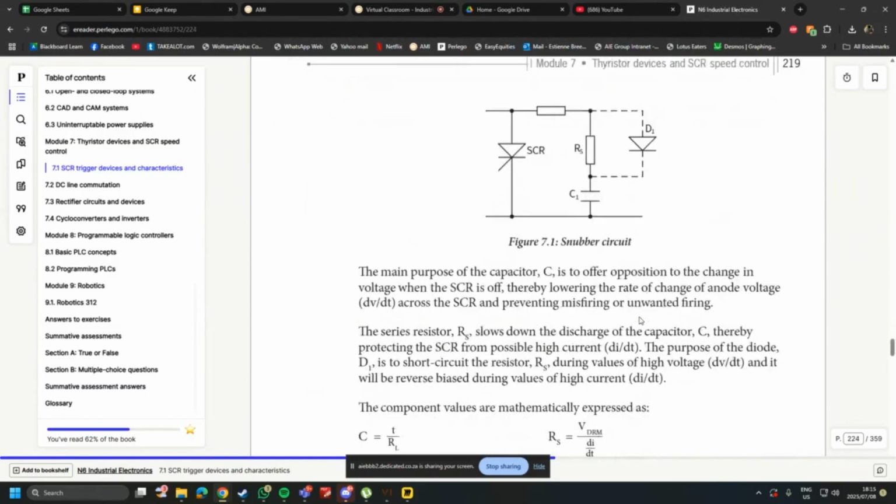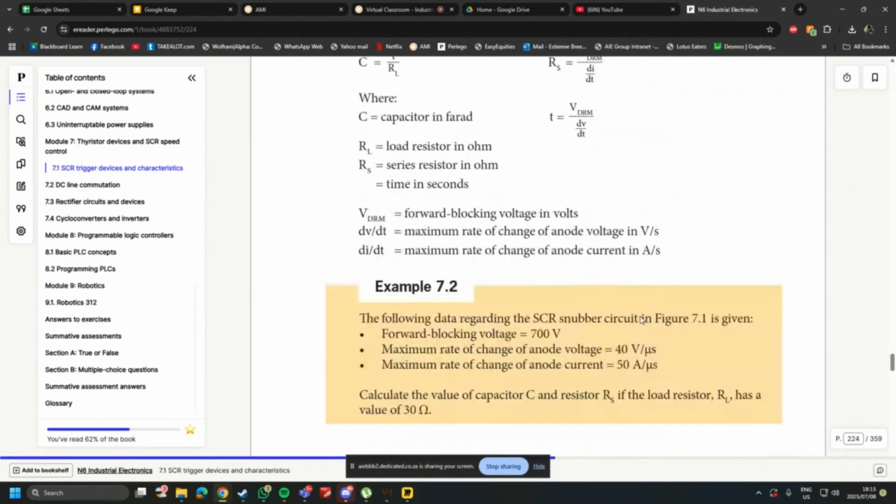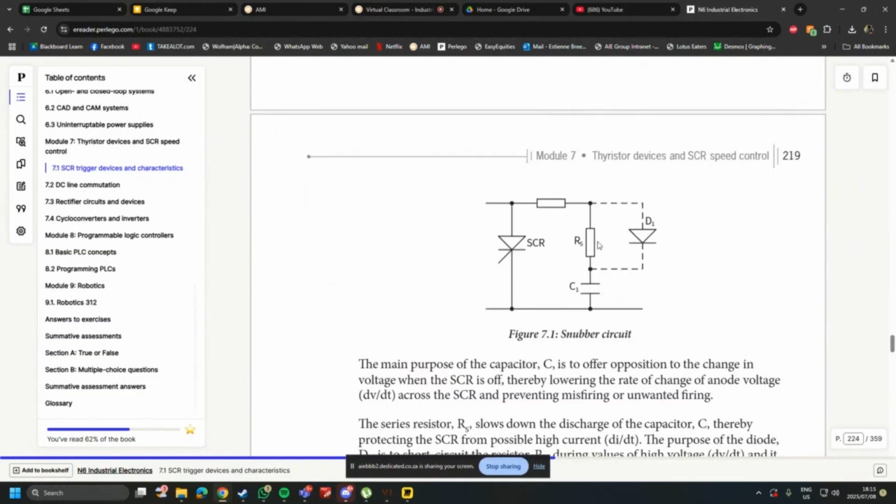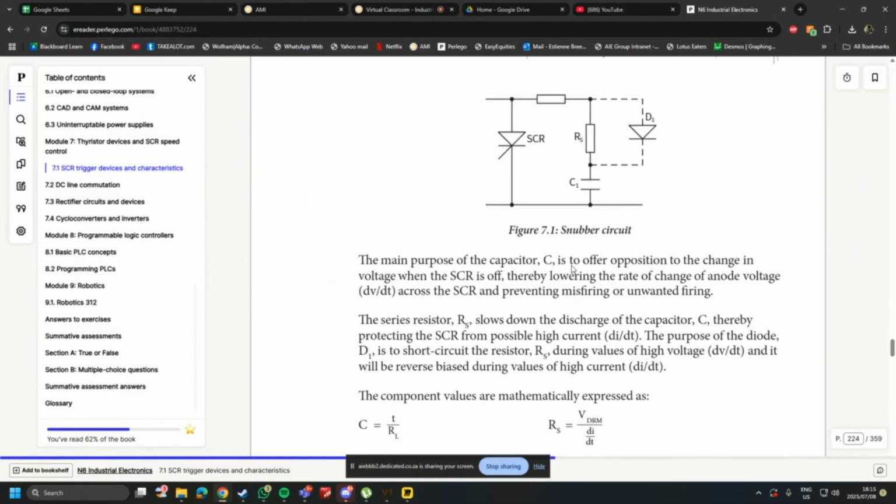Okay, and then another thing that I don't have in the slides, I believe, is the use of a snubber circuit. So you can have an RC circuit in parallel to your SCR with a diode.